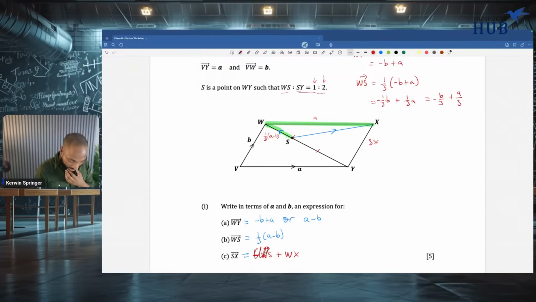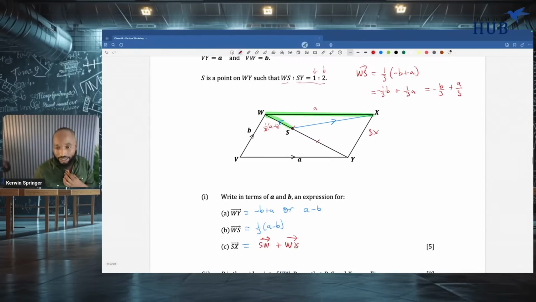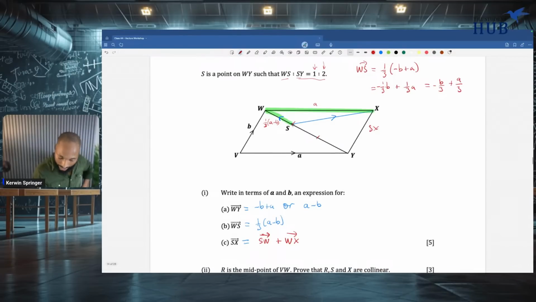Or I can write this as SX means go from S to W and then go from W to X. Okay, SX means to go from S to W. S to W is not the same as WS. It's backwards, so that's why the negative sign comes out. S to W is negative that. So since WS is 1/3 of A minus B, S to W is negative 1/3 of A minus B, plus WX, which is A. And this is just to take it home with fractions here and you're good to go. Let's take it home.